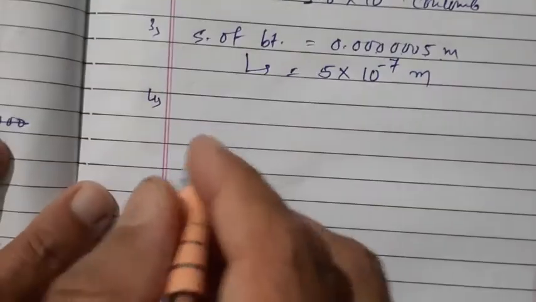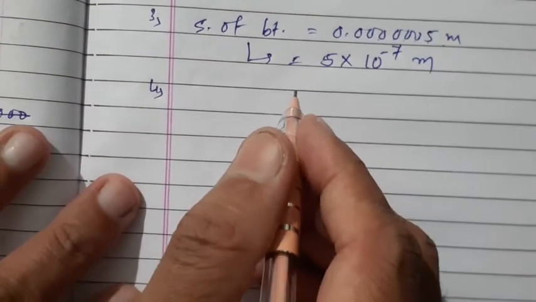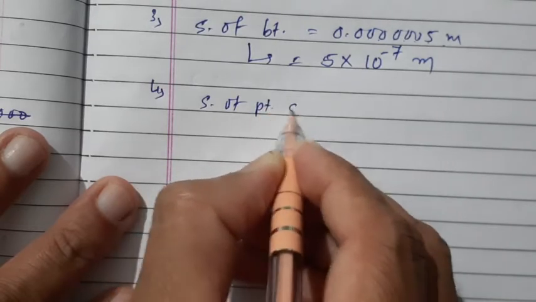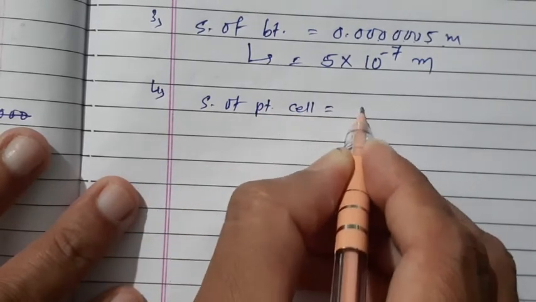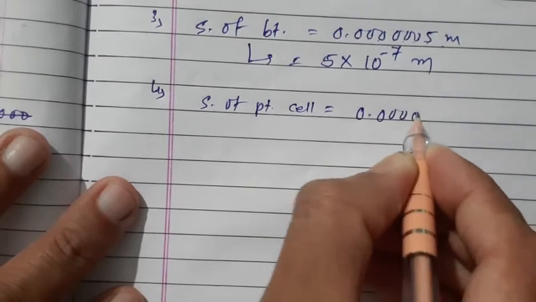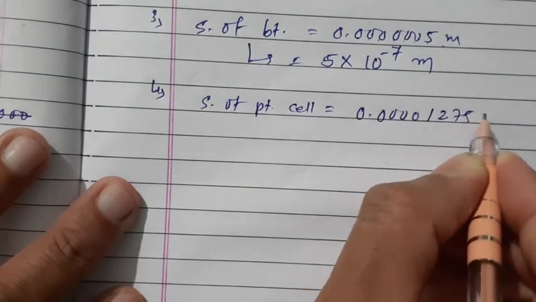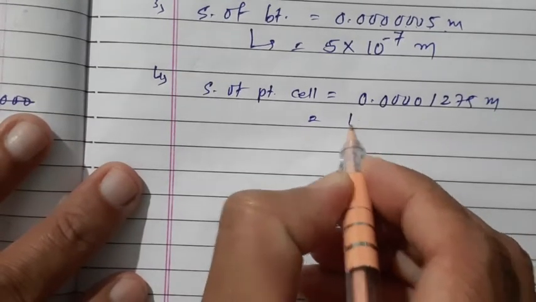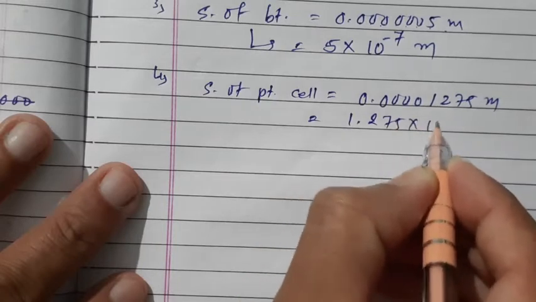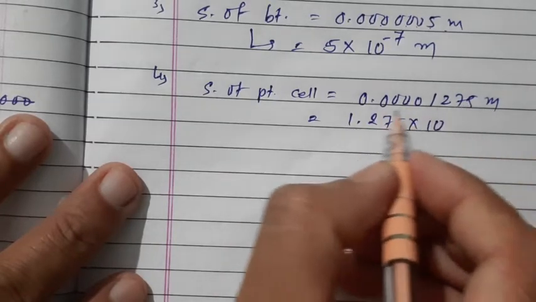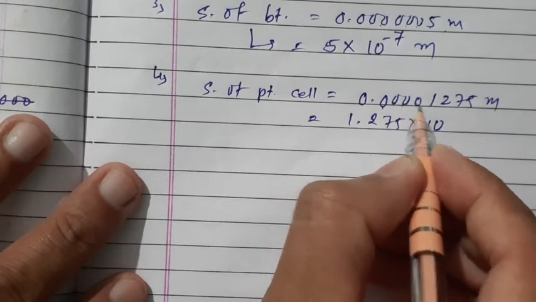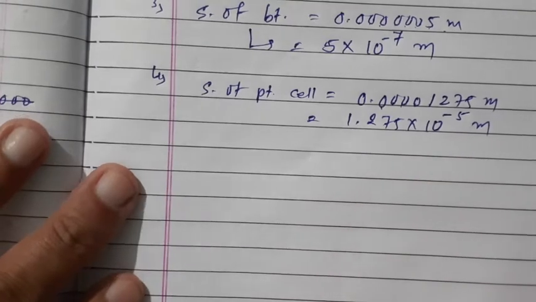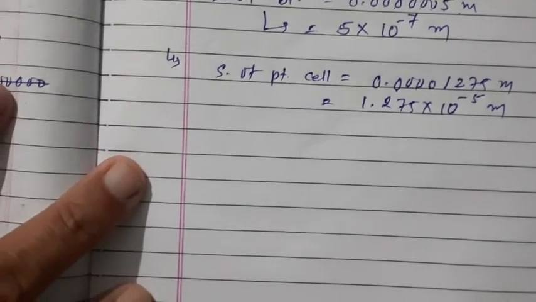Fourth one is size of plant cell, equal to 0.0001275 meter, equal to, okay, only one digit, means here 1.275 into 10 raised to, we move to the right side, means negative number. 1 2 3 4 5, 5 steps, means at the power side minus 5 will come. Okay, meter. That's your answer.